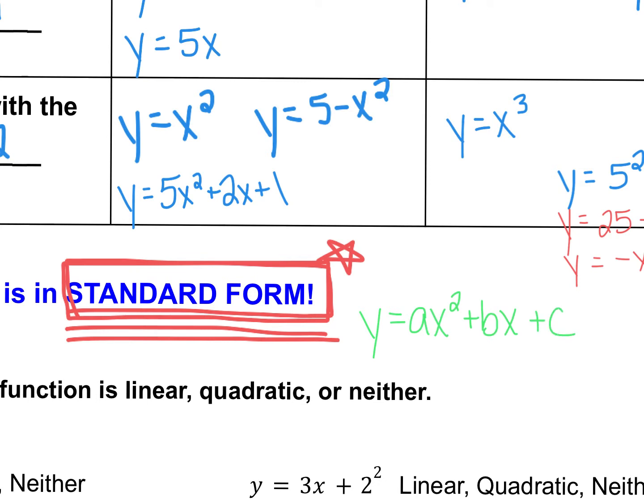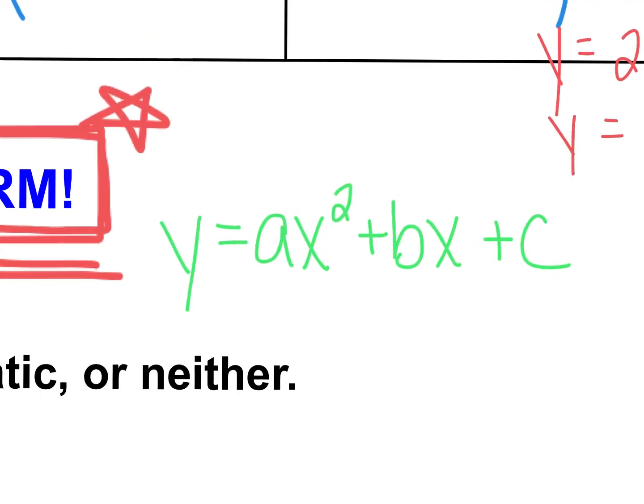Now there might not be a value for every single one of these, but it's my highest exponent to my lowest. I'm going to put highest power or exponent to lowest.